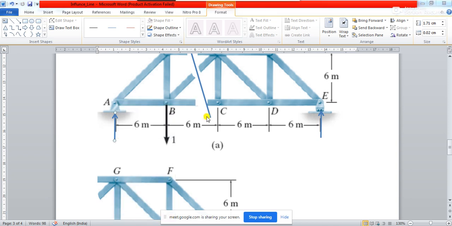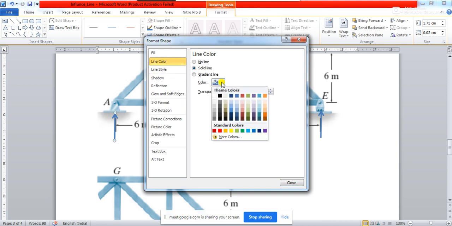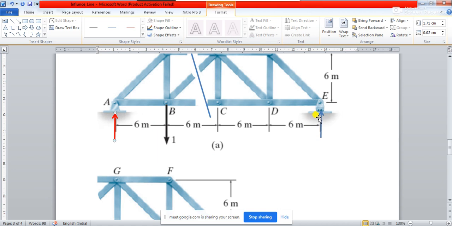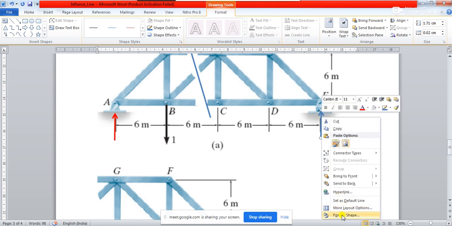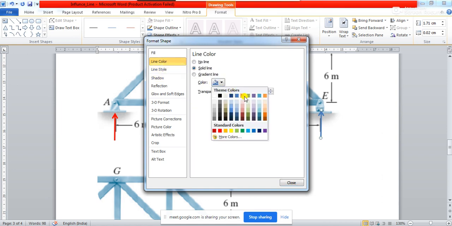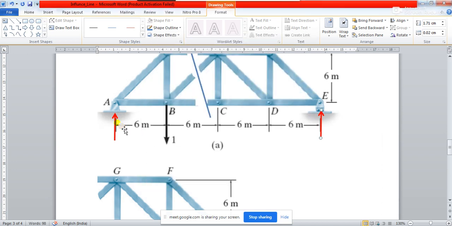Let me change the color, then it will be more visible. Let us make it gray. You see, you get two reactions, right?